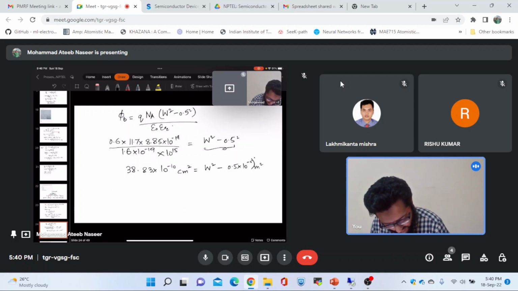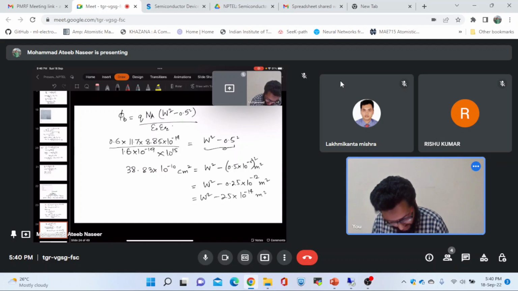It will become W square minus 0.25 into 10 raised to the power minus 12 meter square, or this will become W square minus 25 into 10 raised to the power minus 14 meter square. Let us convert the left hand side into meter square as well.